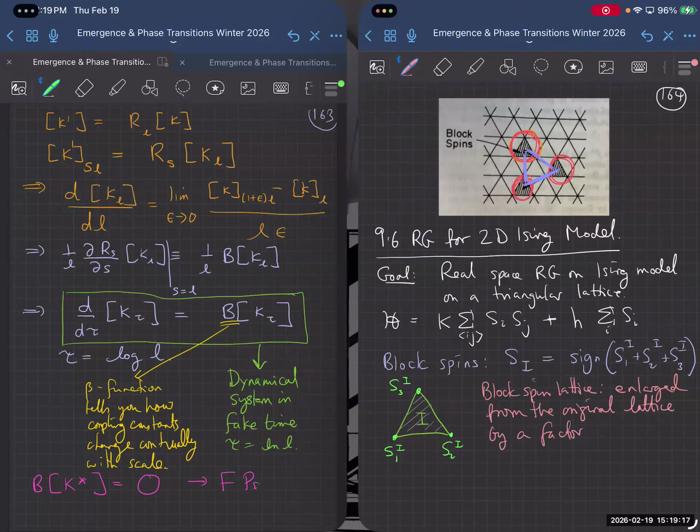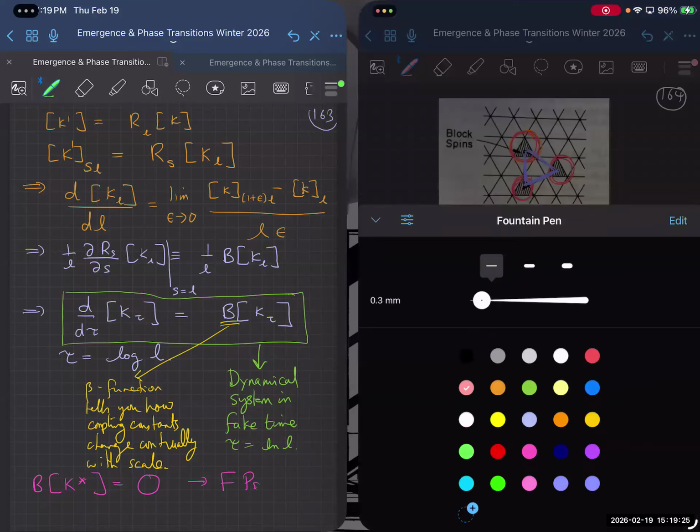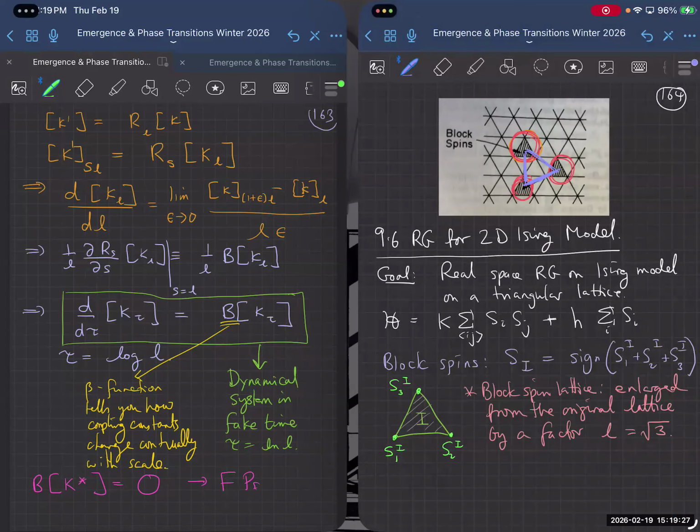Well, you can just do the trigonometry. It's L equals the square root of 3. And the other thing is, because of the way I've defined my block spin, notice that SI is always plus or minus 1. Okay. So what are we going to do now?